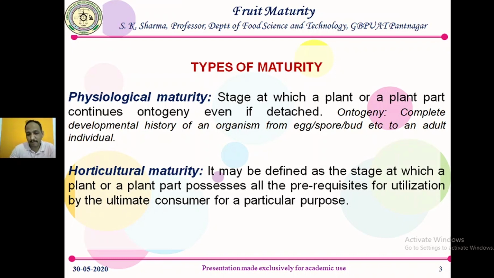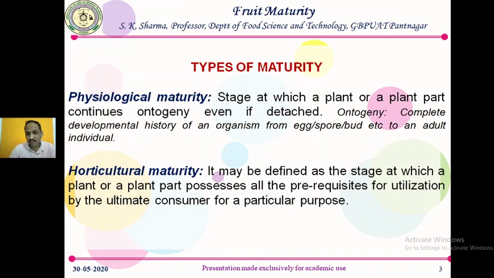It means that if we harvest a fruit in which the seeds have attained sufficient maturity, and I sow those seeds, they can give me a whole plant. That is what ontogeny speaks about.